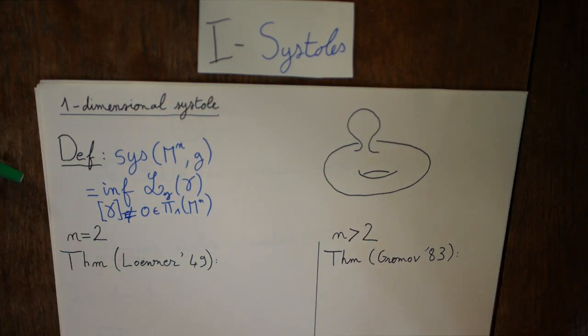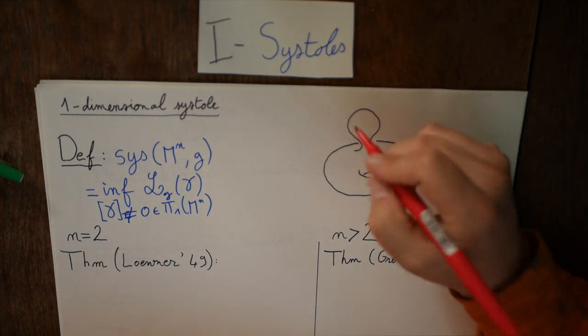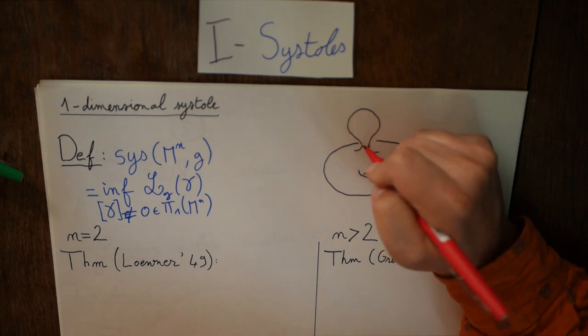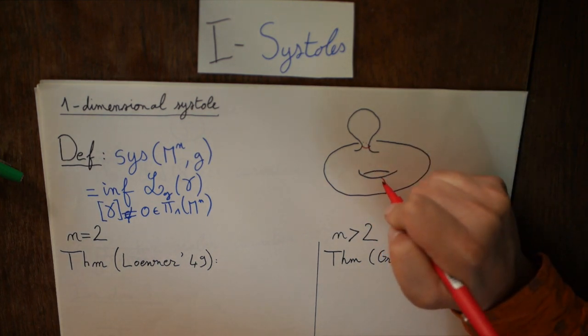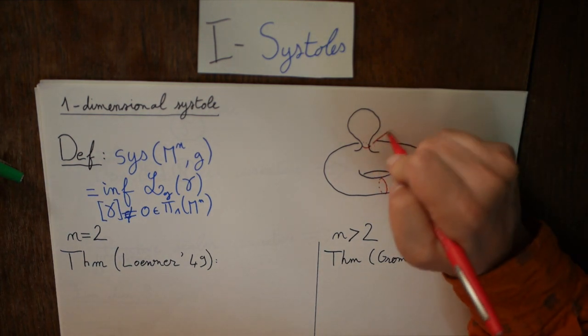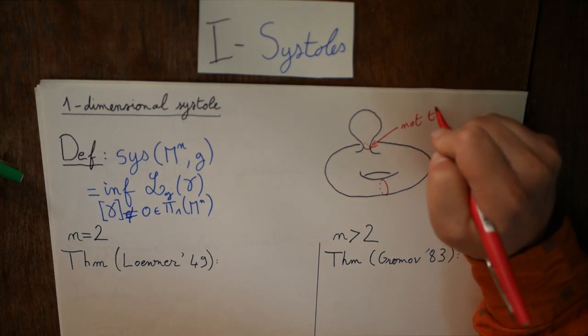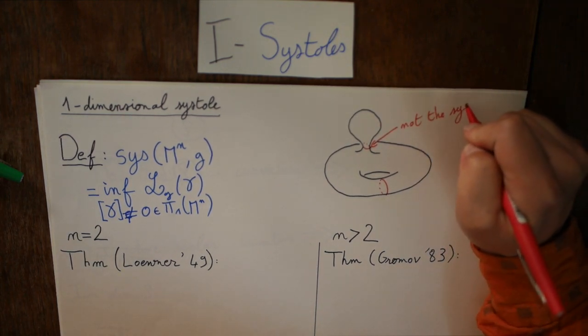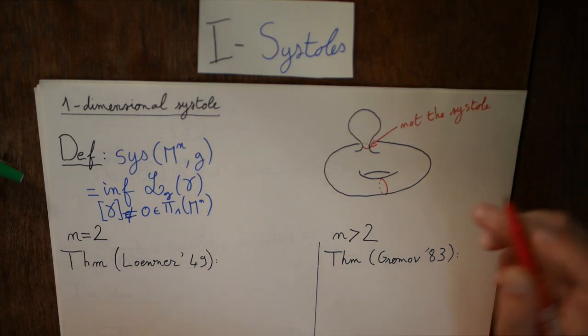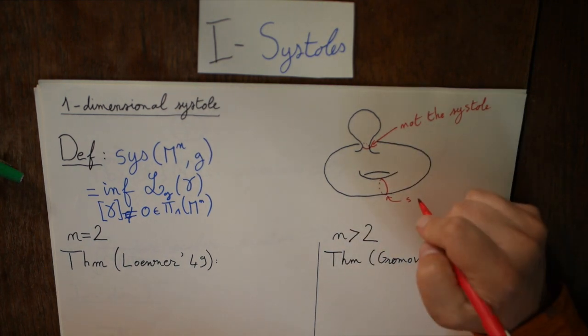Looking at this picture, what one can see is that there are a number of closed geodesics and even stable ones. For instance, there is one here. There's one also here. But this one is contractible, so it is not the systole, its length at least. While this one is, so the systole would be here for this Riemannian torus.